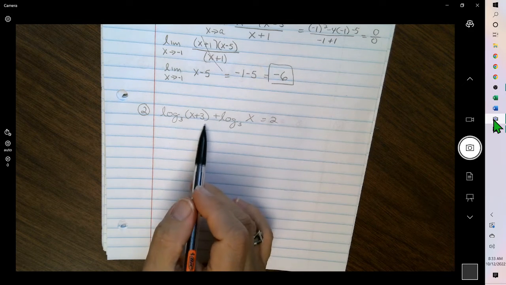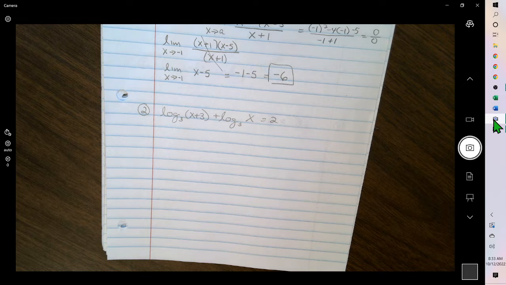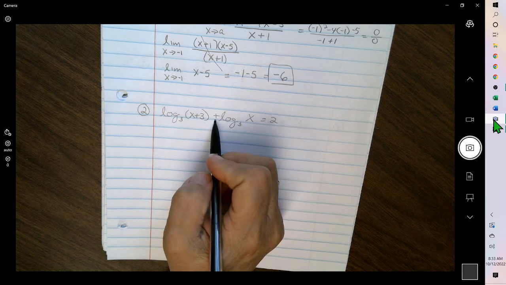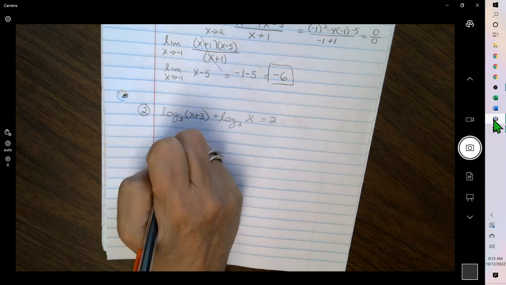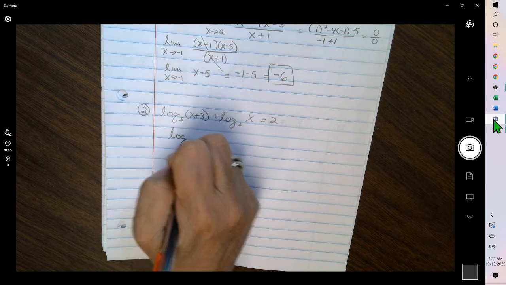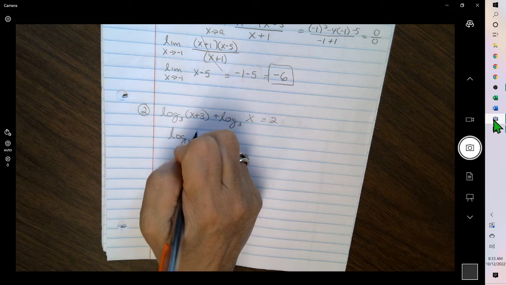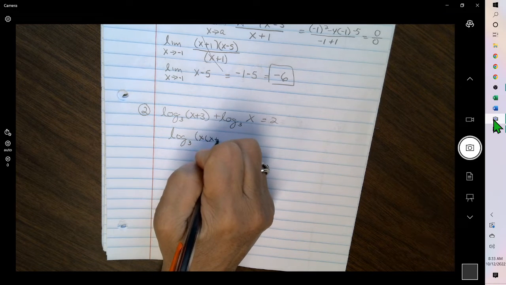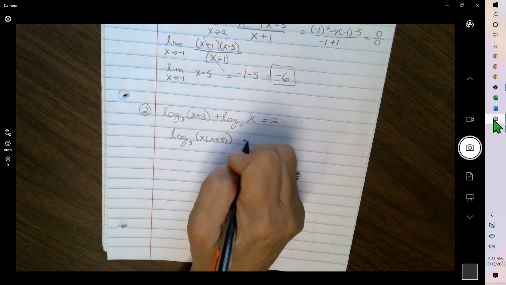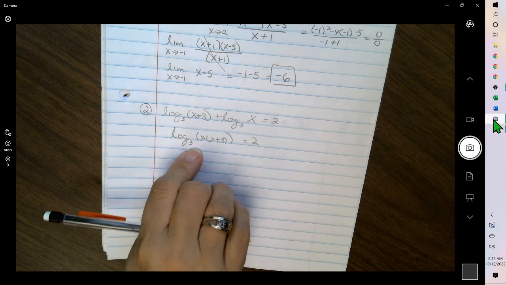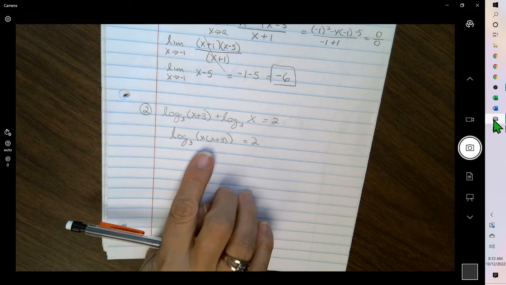When you're solving logs and you have more than one, you need to combine them. And the rule of logs, when you're adding, it becomes a multiplication. So this is the log base 3 of x times x plus 3 equal to 2. Remember, when there's no base, it's a base 10, but this one's base 3.